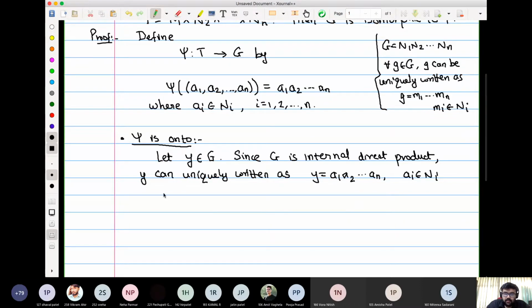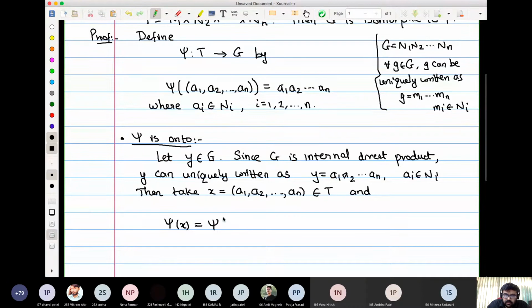Okay, so now take X equal to the tuple A1, A2, A3 up to AN. This is an element of T. And what is psi of x?